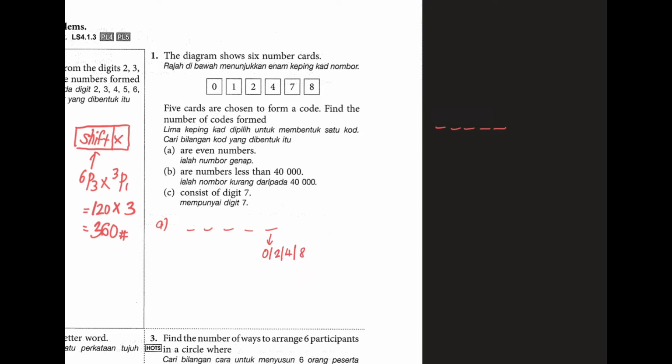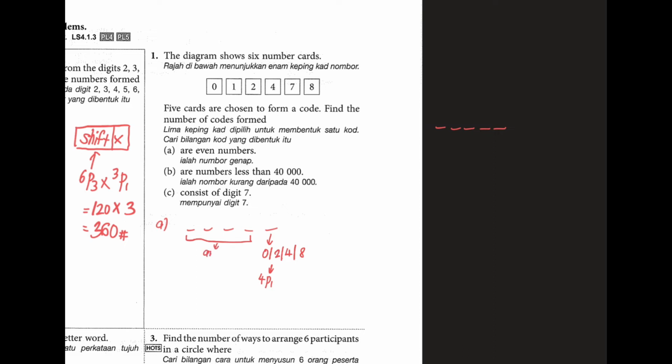So we have 4 acceptable choices. So 4p1, because we only need 1 number at the last position. Okay, 4p1.